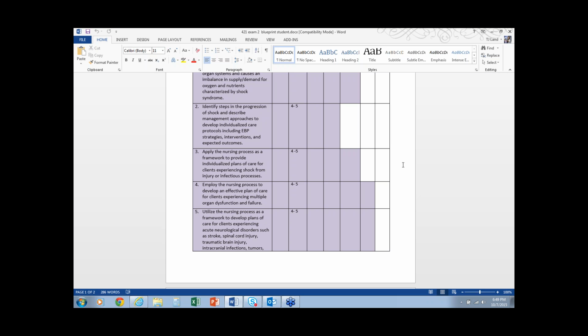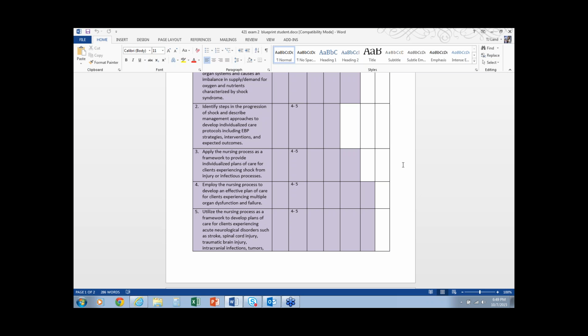Then we need to look at what kind of labs and x-rays or diagnostic studies we have, and do they support the nursing suspicion? If they do, what interventions does the nurse expect to do? And what is the next thing that they expect the healthcare provider to order for them to take care of?